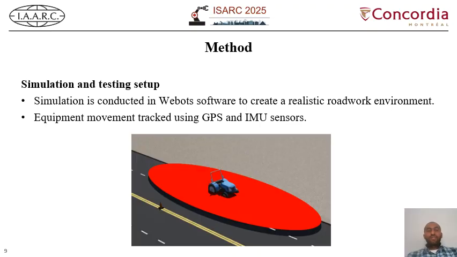The next step was doing simulation. We chose Weibo software for the simulation because it has the features that we need for our target. We tried to come up with a realistic road environment there, and we used the sensor features to track the speed and acceleration of the equipment.